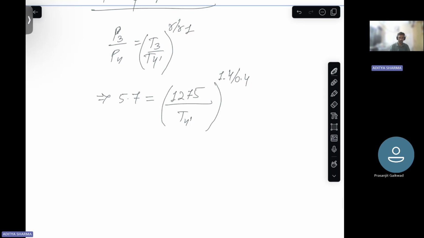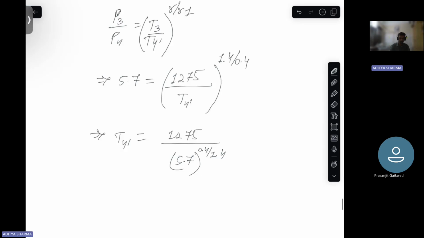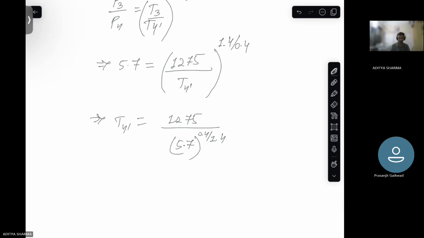From here, T4 dash can be figured out. T4 dash is equal to 1275 divided by 5.7 raised to power 0.4 by 1.4. So this will come out to be 775.43 Kelvin. Correct?